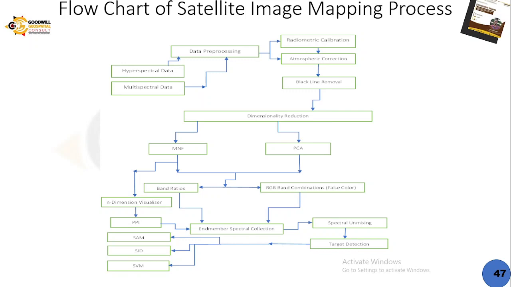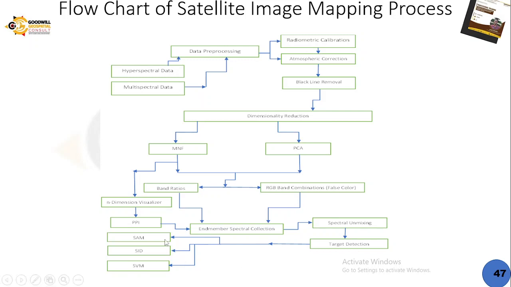The next activity is to use the n-dimensional visualizer to assess the purity of your pixels. Once you're able to assess the purity of your pixels, you do the end member collection. After the end member collection, you do your spectral unmixing to check how differentiable these spectral signatures are. Once it's done, you go to your target detection process.